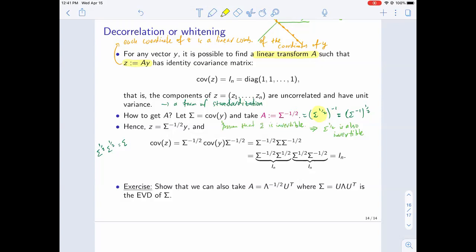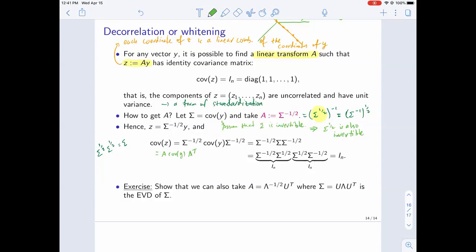So let's see if this works. If I have taken A to be this, then from the formula that we did last time, the covariance of Z would be equal to A times the covariance of Y times A transpose.